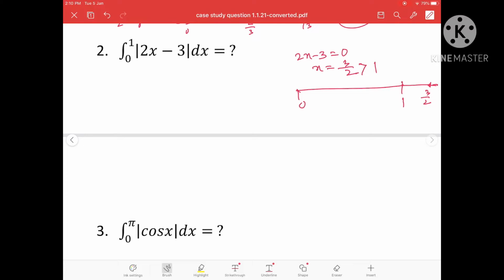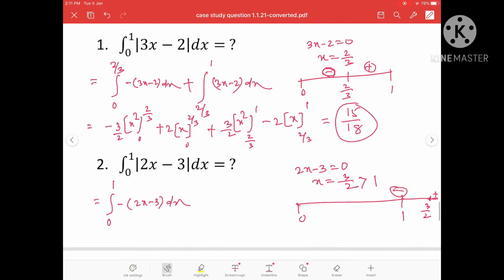This side will be positive, this side will be negative. That means when x is less than 3 by 2, modulus of 2x minus 3 gives negative values. That means this integration is 0 to 1 of minus (2x minus 3) dx.